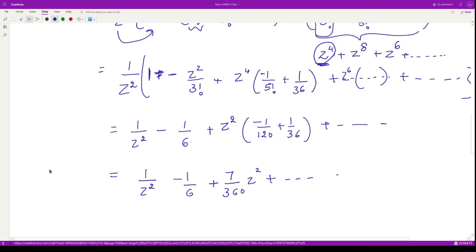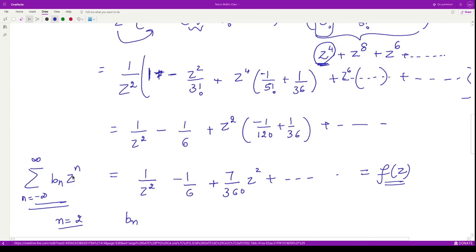So if you compare this with your expression, the sum over n varying from minus infinity to infinity of bn z raised to power n, which was given in our question, this thing is basically equal to f of z, and this f of z is given equal to this thing. So from here we can evaluate the coefficients. If n is equal to 2, that means we are talking about bn.